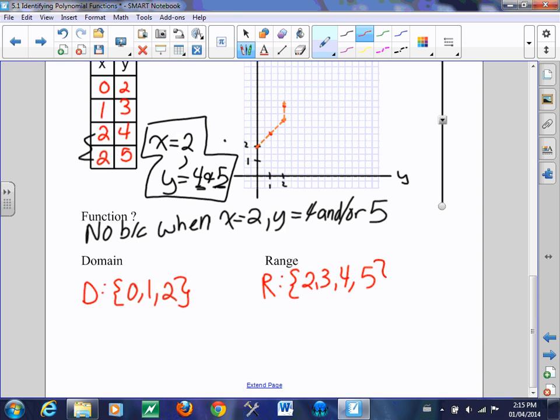It's another indicator that usually it's not a function if you have a different number of domain values than range values, as long as each x has its own y. I've seen the opposite where two x's share the same y. That's different. All right, let's move on to the next page.